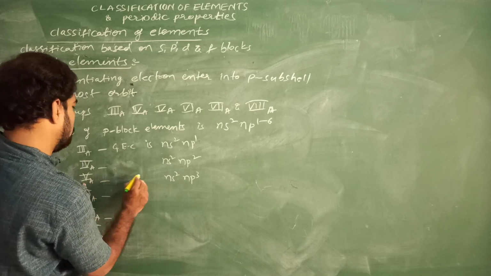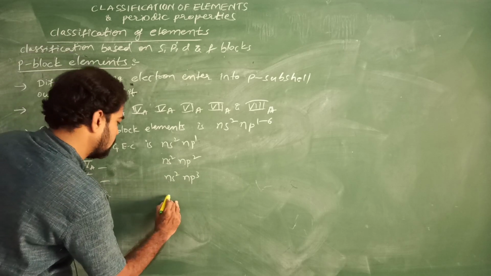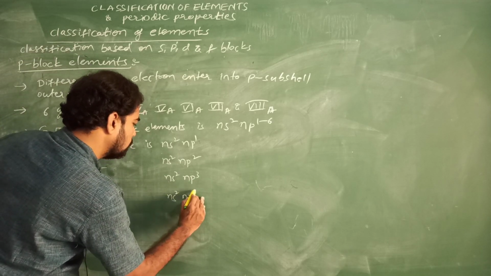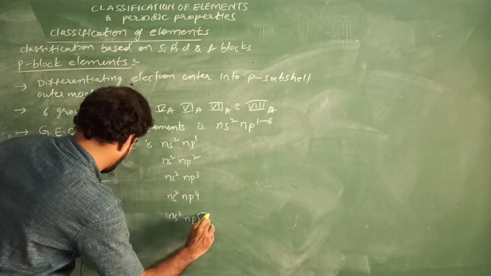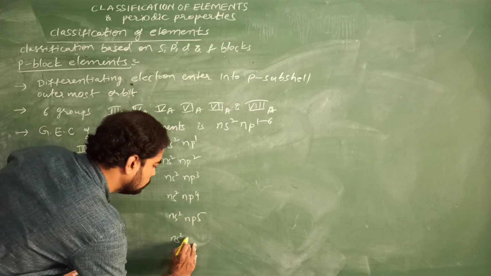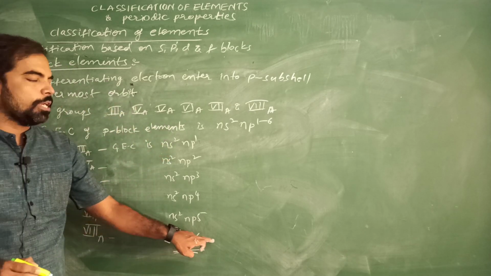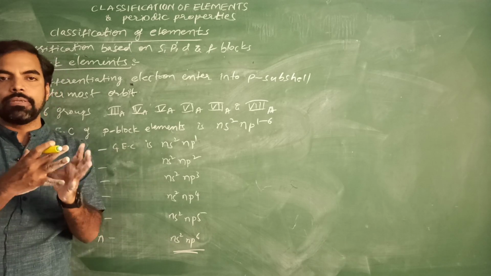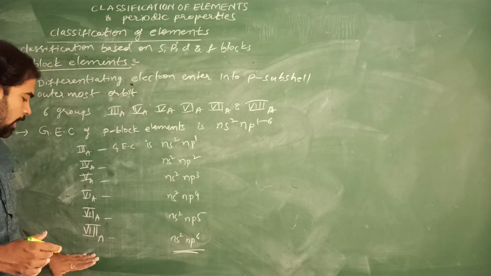Fourth A, ns2 np2. Fifth A, ns2 np3, sixth A ns2 np4, seventh A ns2 np5, eighth A ns2 np6. In the eighth A group elements ns2 np6, that means octet. Octa means 8 electrons. 8 electrons are present in the eighth A group of elements.